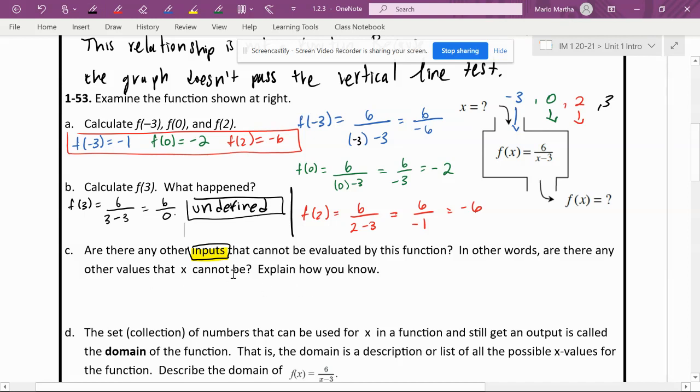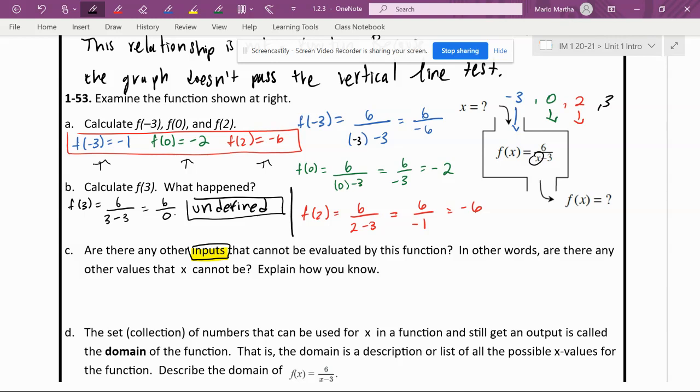So do you think there's any other inputs that cannot be evaluated by this function? In other words, are there any other values that x cannot be? Explain how you know. So you think we can plug in any number in here and we're always going to get a number back? So what do you think? For sure, the only number that we found so far that cannot be plugged in there is positive 3, because we get undefined.